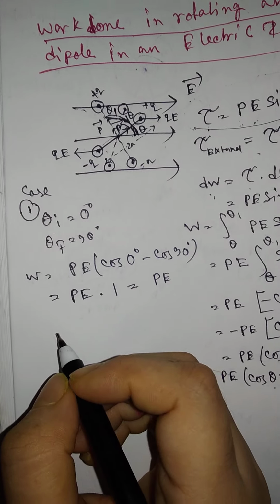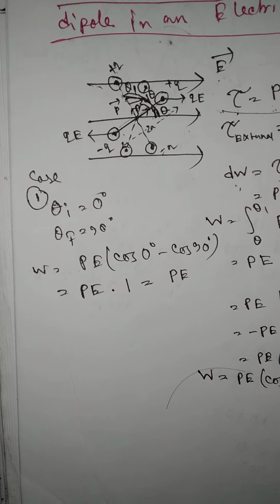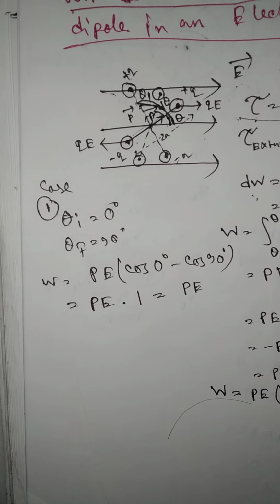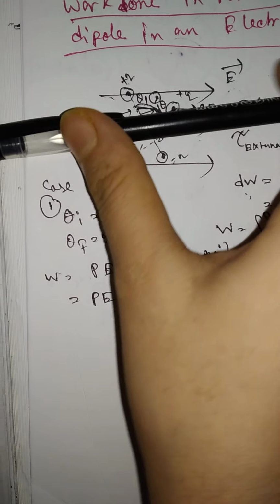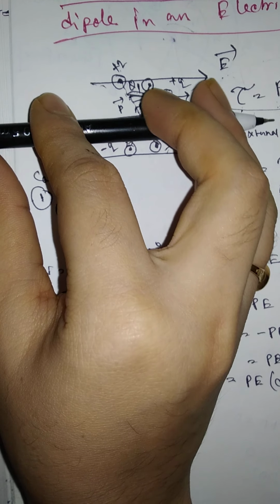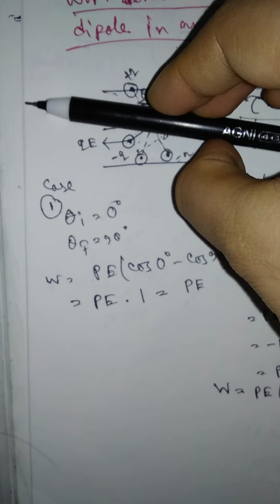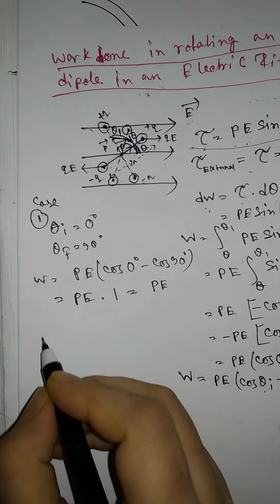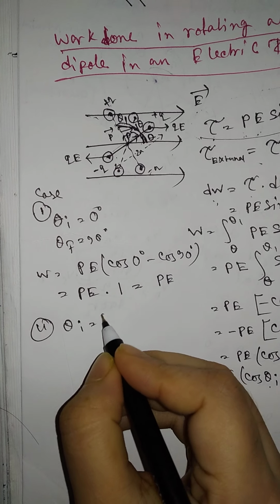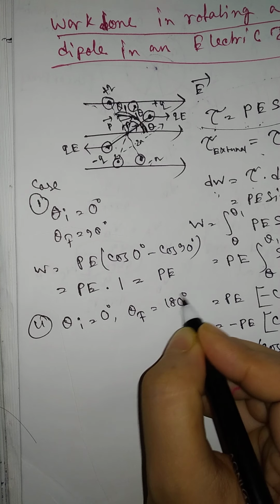If we want to rotate the dipole through 180 degrees from the direction of the field, then the work done will be, that means the initial position of this dipole is along this side, this is the direction of P, which is along the direction of E. So if we want to rotate this dipole through 180 degrees, then in this case theta initial equals 0 degree and theta final equals 180 degrees.